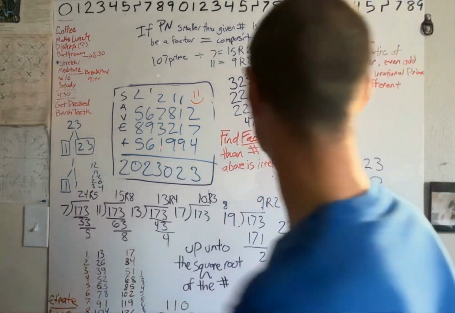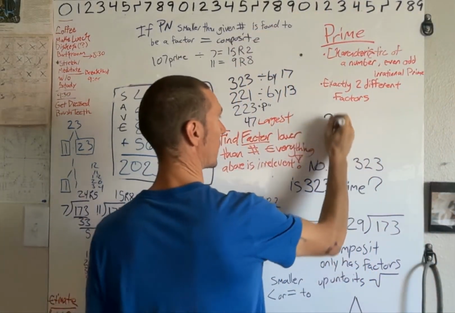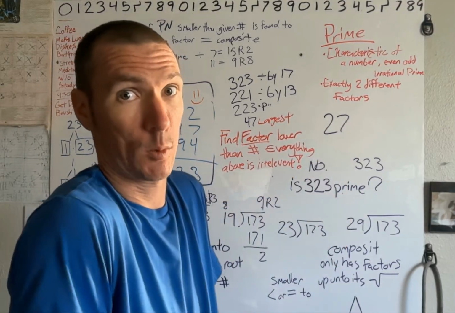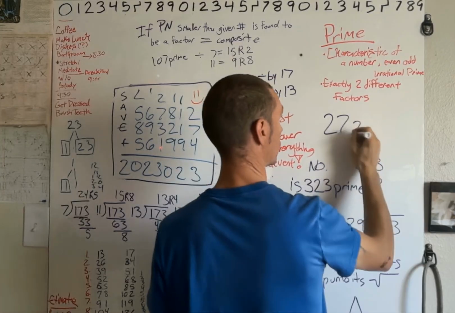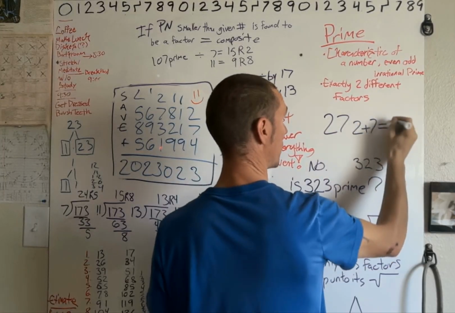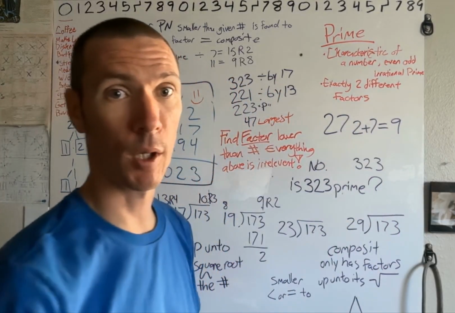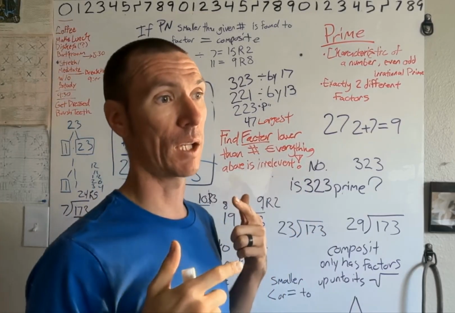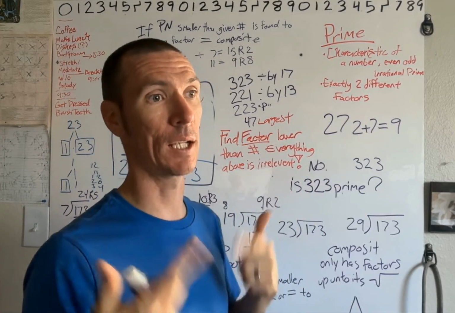An example is 27. Is 27 divisible by 3? Well, 2 plus 7 equals 9. 9 is divisible by 3, so yes, 27 is divisible by 3. And that accounts for 6s and 9s as well.